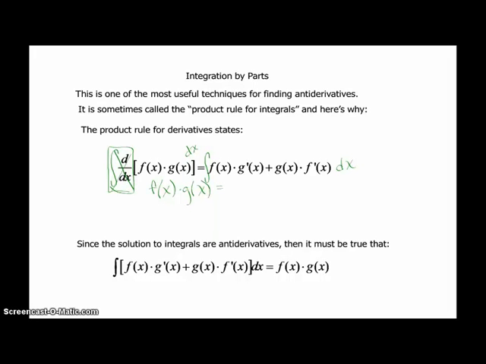And what we're going to wind up with over here is the integral of f of x times g prime of x with respect to x plus the integral of g of x times the derivative of f, or f prime, with respect to x. So this is a true statement. If this is equal, then this result must be equal.